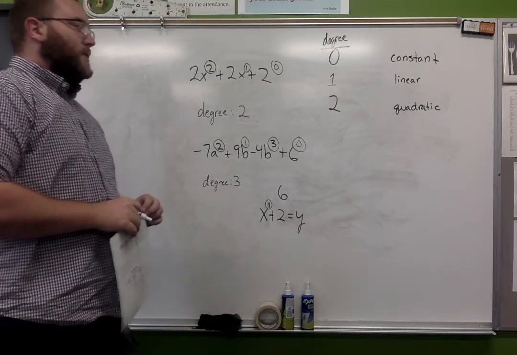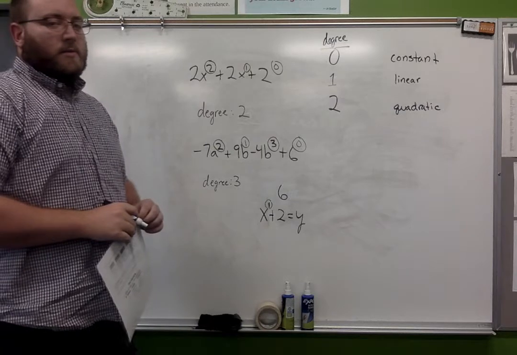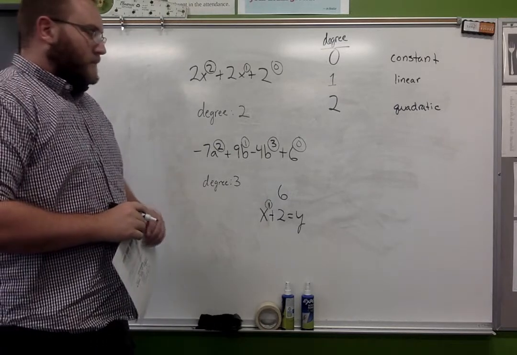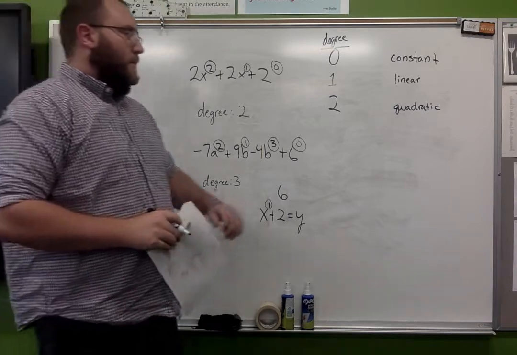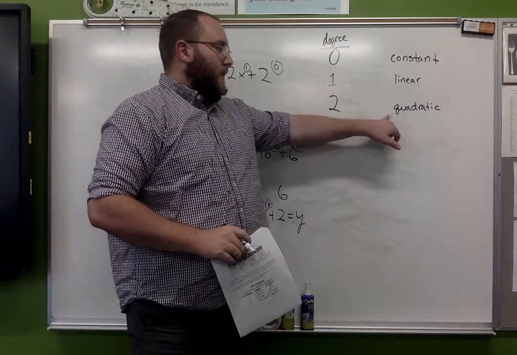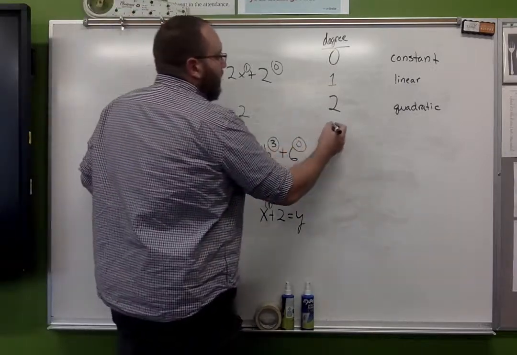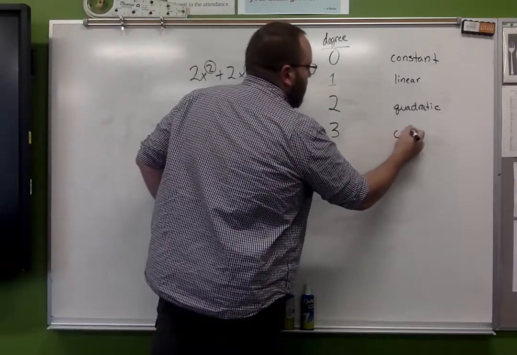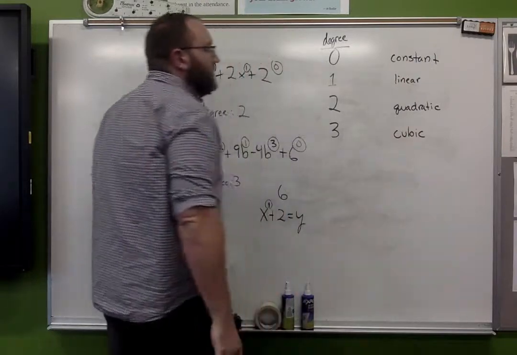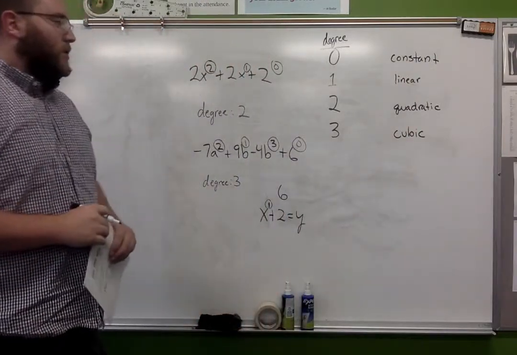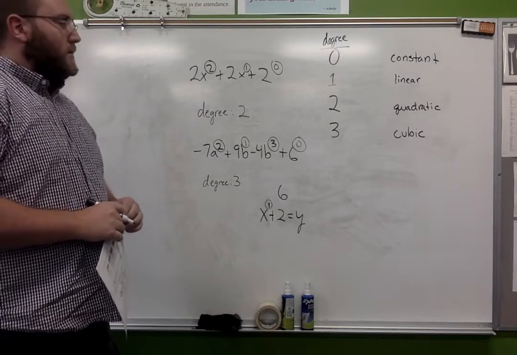Those of you that speak Spanish, it'll probably make a little more sense to you, because Spanish is more closely related to Latin. But that's what it comes from, the Latin word. Degree 3 is called cubic. This one should make a little more sense. It has the word cube, right? A cube has 3 dimensions, so it's cubic.